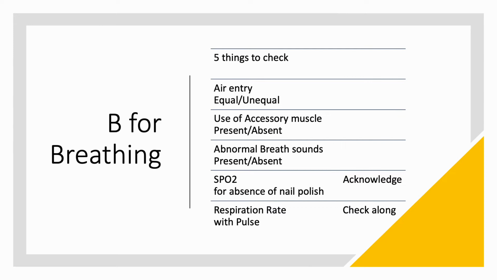Why is nail polish a problem? Because the saturation probe works in such a way that the reading is transmitted through infrared signals, and nail varnish or polish may alter that signal transmission. That's why we always say that there is no nail polish. So I'm happy to check saturation in that finger.